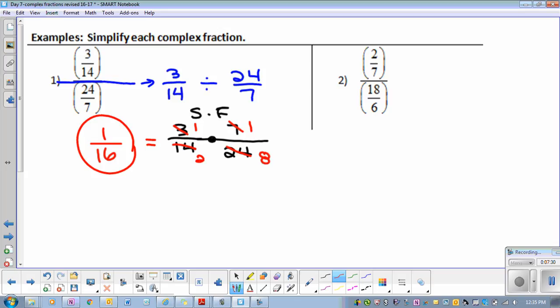All right, so try number 2. What's your question? Oh, you're not adding, you're multiplying. Try number 2, please. Remember to draw that fraction line a little bit longer.